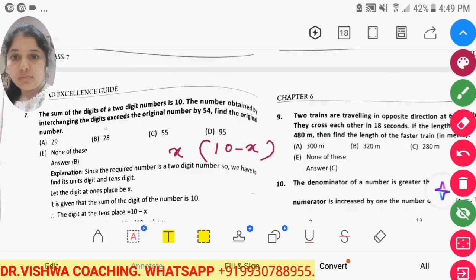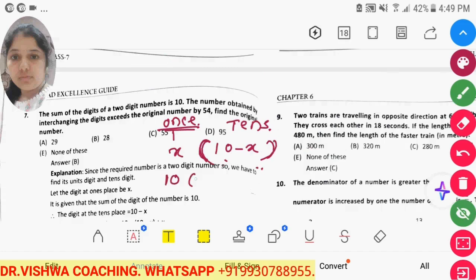Now the number obtained by interchanging the digits exceeds the original by 54. Now if x is at the ones place and 10 minus x is at the tens place, you have to multiply this digit with 10.